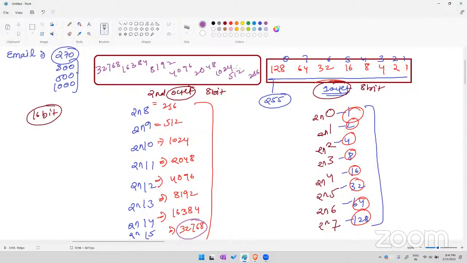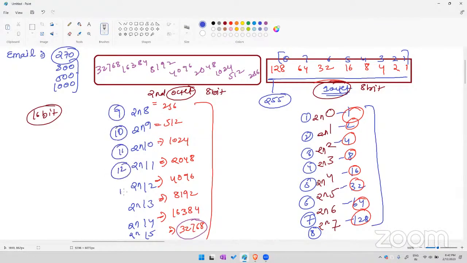Okay, now the values. So basically this one is the first, second bit, third, fourth, fifth, sixth, seventh, and this one is 8 bits. So 8 is already represented. But now 9th, 10th, 11, 12, 13, 14, 15, and then 16.